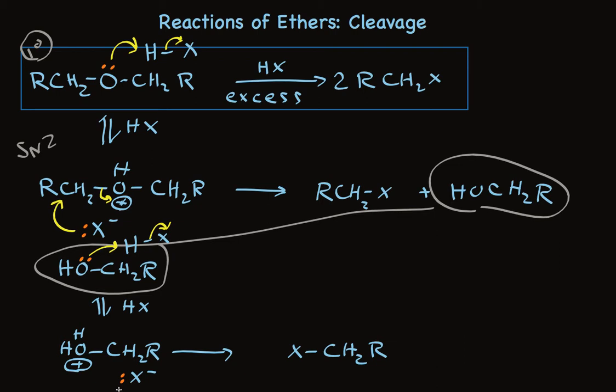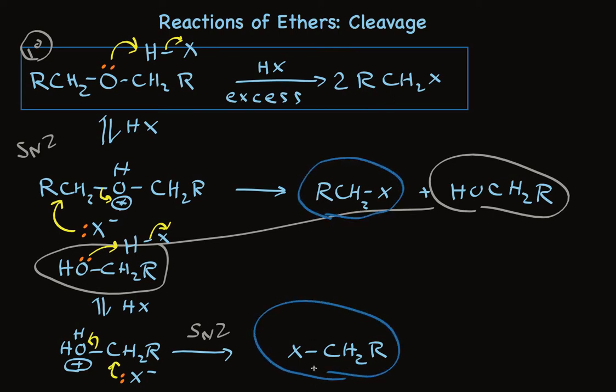And we can track that pair of electrons with arrow pushing to watch the SN2 reaction make a bond with carbon as the water leaves. And I keep calling this an SN2 reaction because it's at a primary carbon. So here we have it. We've made 1 mole of alkyl halide and a 2nd mole of alkyl halide. That 2nd mole is made because the product in the first step of primary alcohol is also reactive with HX.